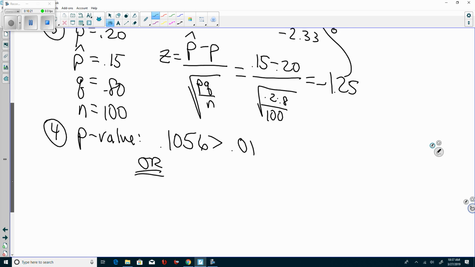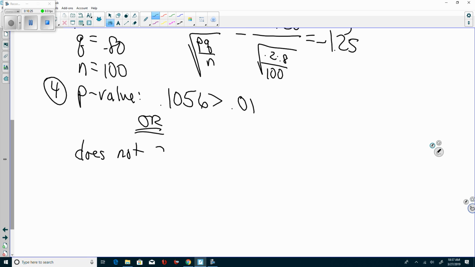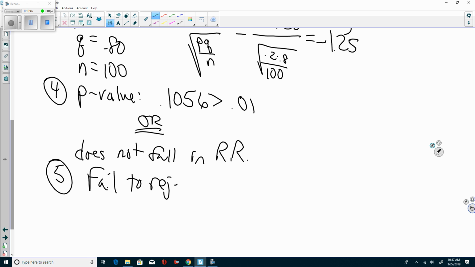So this does not fall in the rejection region. And the p-value is greater than the level of significance. So we fail to reject the null hypothesis.